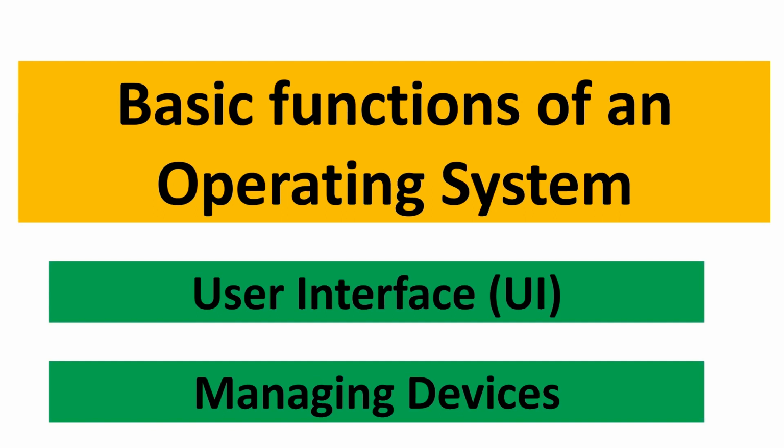Right? So in the beginning of the lesson today, I told you that how the computer screen or how this desktop is appearing basically talks about the user interface, right?